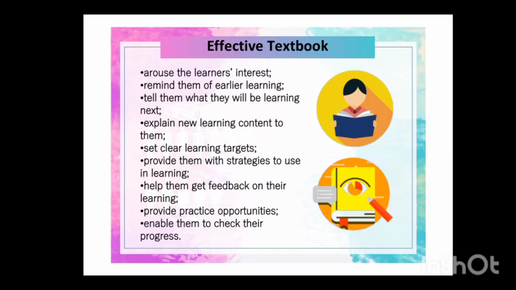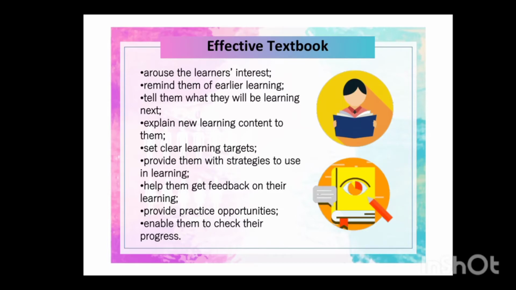In conclusion, effective textbooks can guide the students to learn independently, and the textbooks also have a very clear outline, like the targets, the syllabus, the plan, and also the materials.